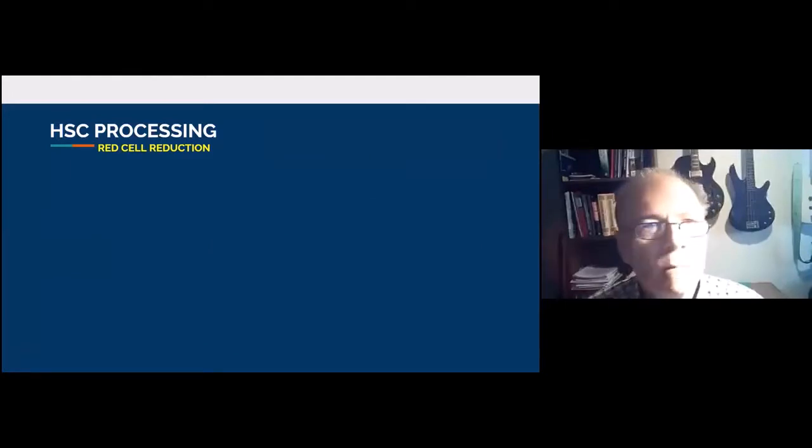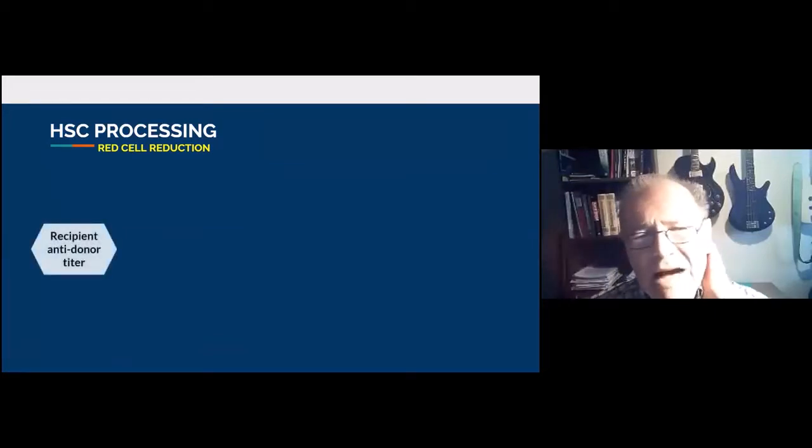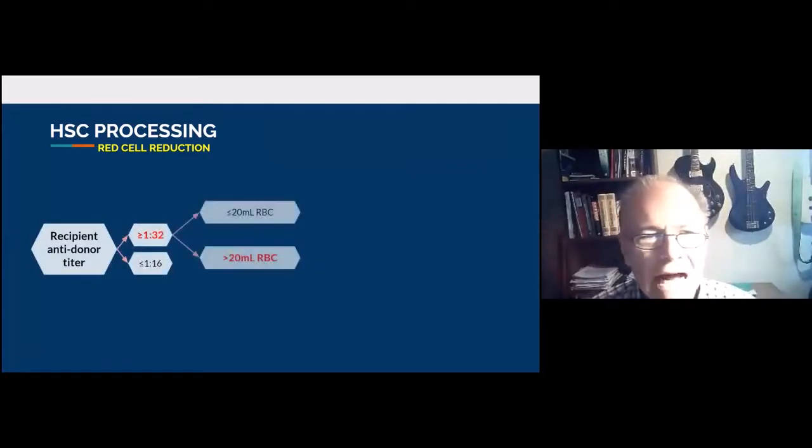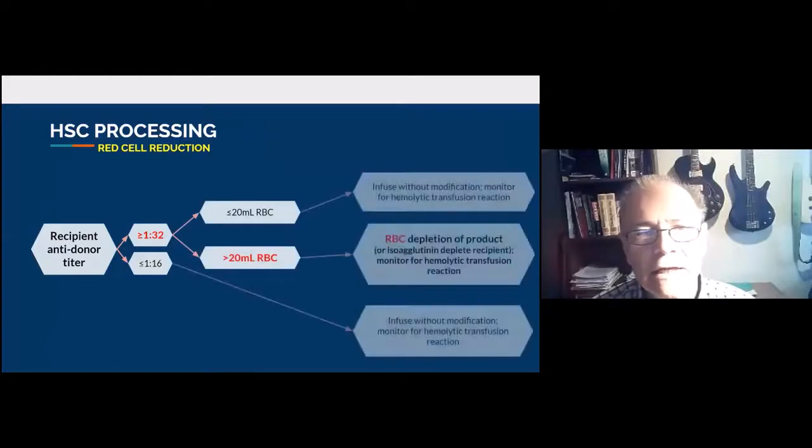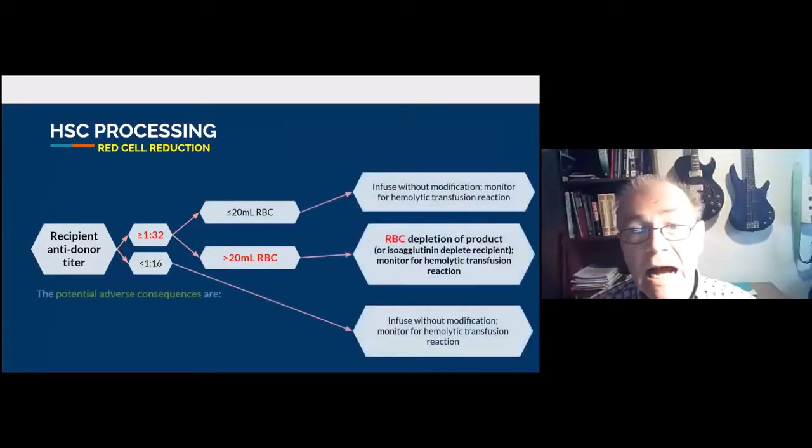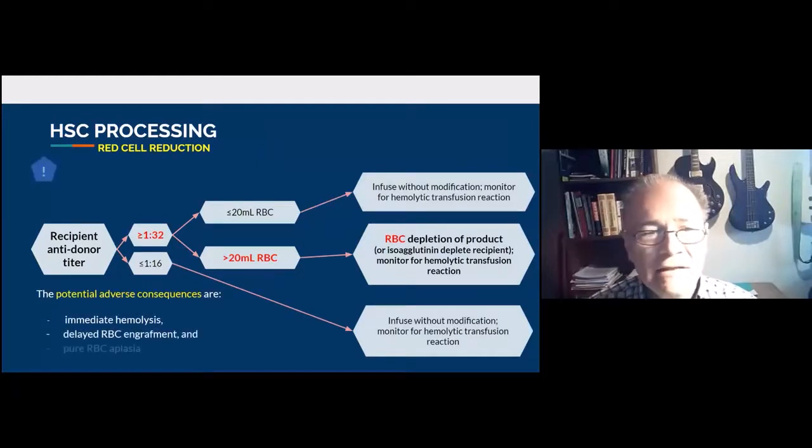Well, once again, in the processing, sometimes we need red cell reduction. The recipient has an anti-donor titer, and we have to look at when the anti-donor titer goes up to 1 to 32, and the red blood cell volume is more than 20 milliliters. In these cases, the potential adverse consequences are immediate hemolysis, delayed red blood cell engraftment, and potential pure red cell aplasia.